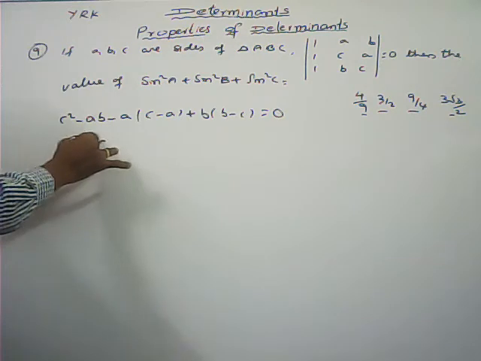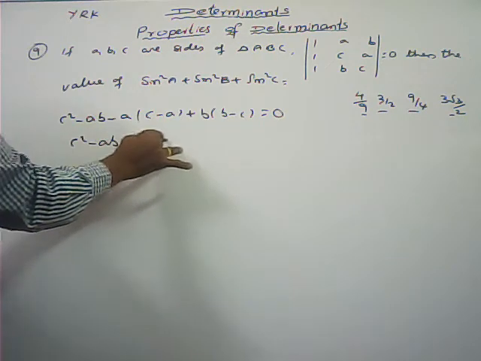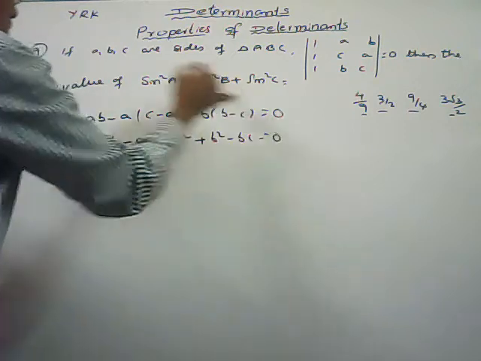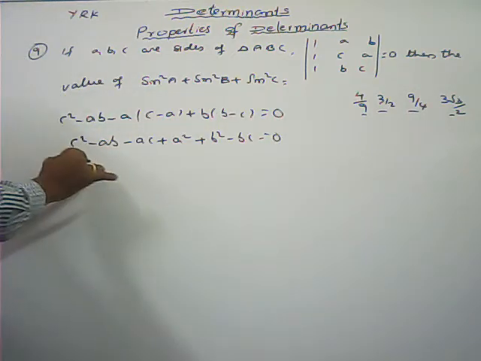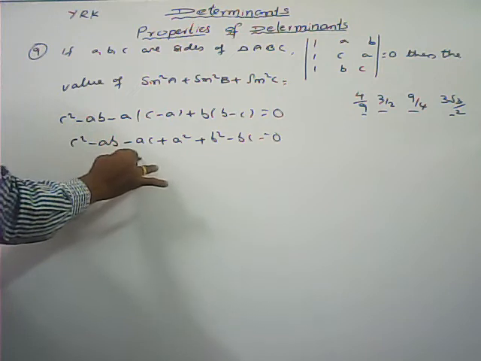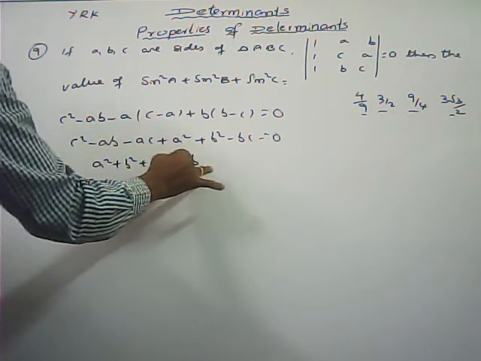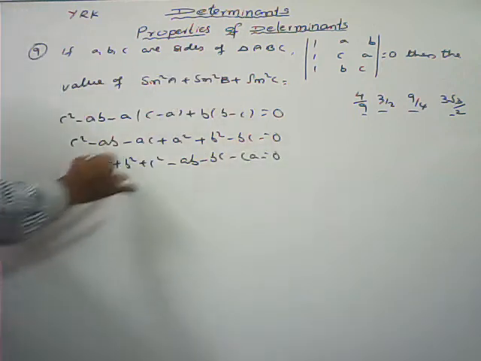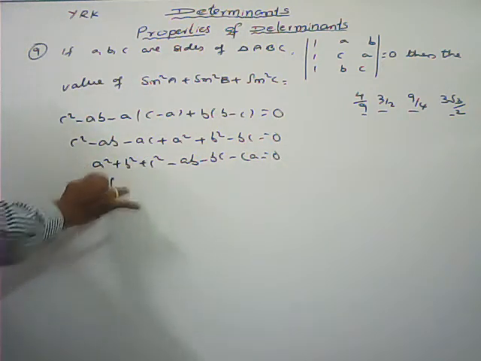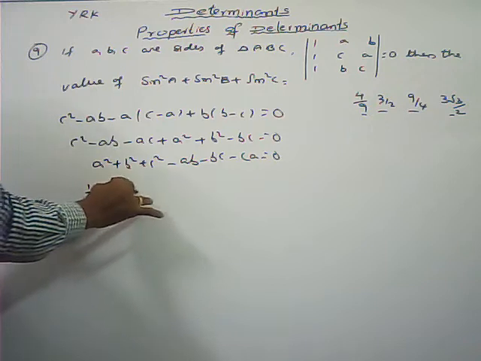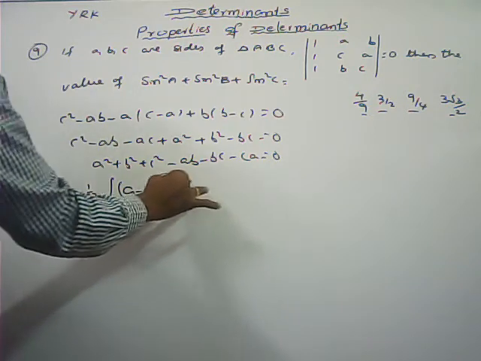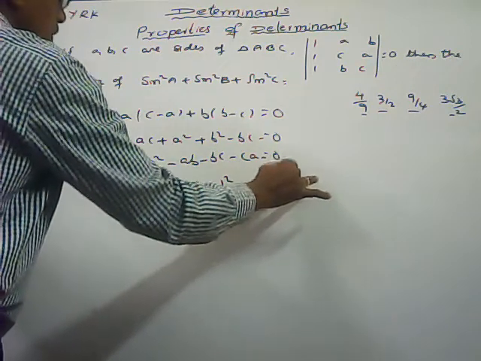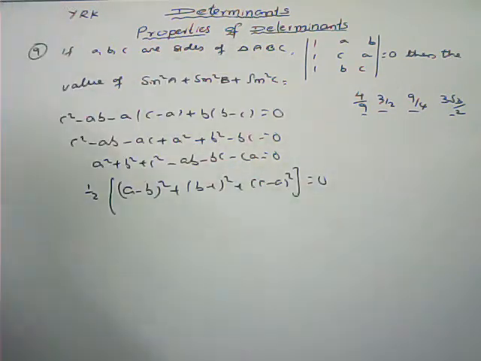So here c square minus ab minus ac plus a square plus b square minus bc equals 0. a square plus b square plus c square minus ab minus bc minus ca equals 0. This one we can write as half of, this is a standard one, (a minus b) whole square plus (b minus c) whole square plus (c minus a) whole square is equal to 0.